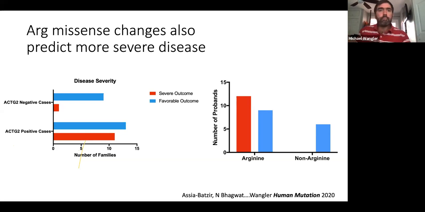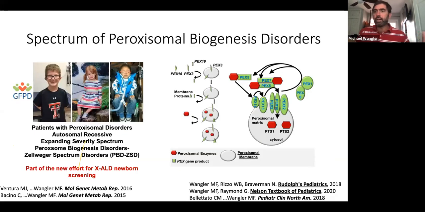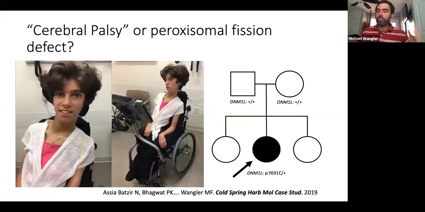And then I'm just going to mention that another area in our lab, another rare disease that we study, is related to peroxisomal disorders and peroxisomal biogenesis disorders. So we've been very interested in these disorders for a long time. These are autosomal recessive disorders, but we've had a couple patients. We had a recent patient that was a very interesting patient.